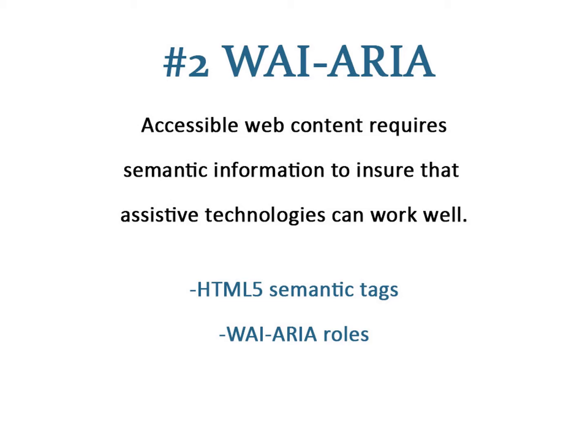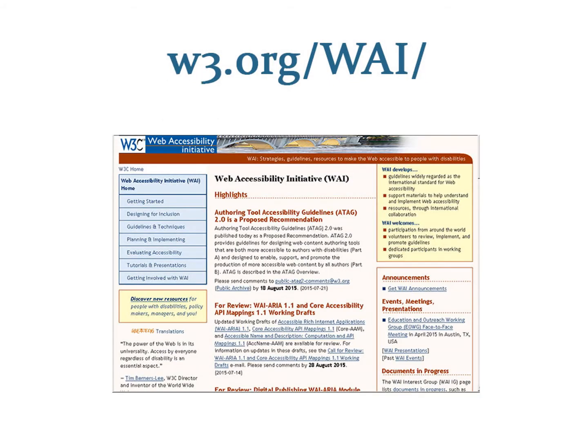Accessible web content requires semantic information to ensure that assistive technologies can work well. HTML5 semantic tags and WAI ARIA roles are two technologies that help. For more information, visit w3.org/WAI/.